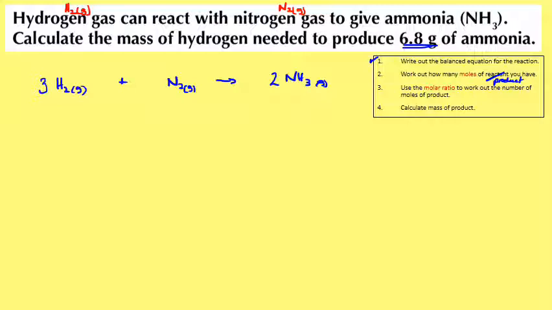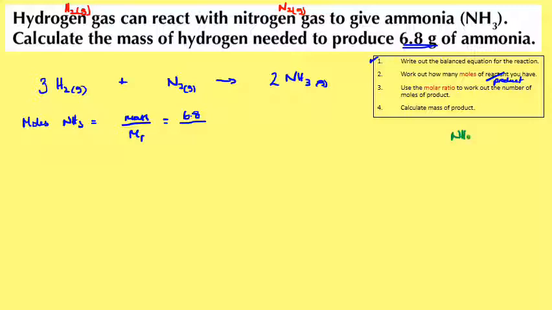So moles of ammonia is going to be mass over Mr, relative molecular mass of ammonia. Okay, mass we're given in the question as 6.8, and Mr of ammonia, let's just change colour and do that over in the corner here.